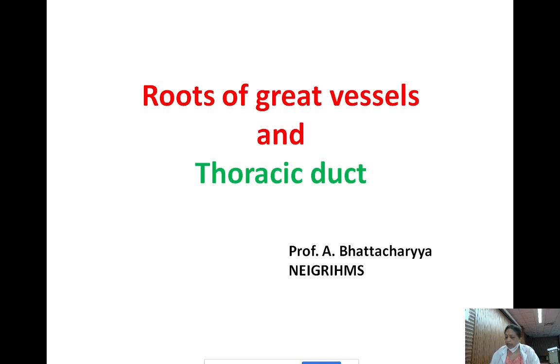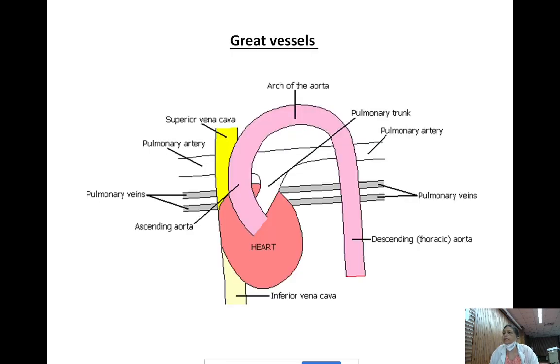The roots are situated in the middle mediastinum, but their body is situated in the superior mediastinum. And the thoracic aorta is also passing through the posterior mediastinum. So in the posterior mediastinum there are the descending thoracic aorta and the thoracic duct, and also other structures like the esophagus, azygos vein, sympathetic trunk, and many others.